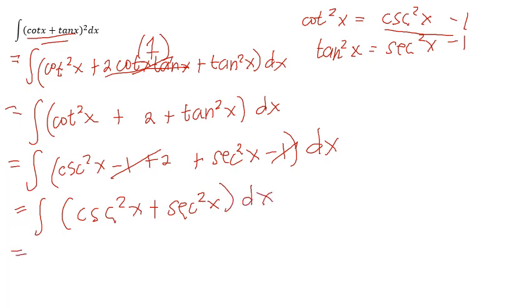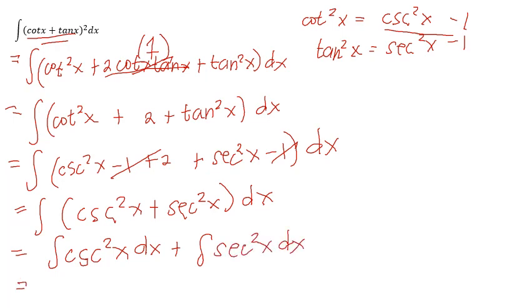We will distribute the integration elements and the dx to each term because we have direct integration formulas for these terms. So we have the integration of cosecant squared x dx plus the integration of secant squared x dx.